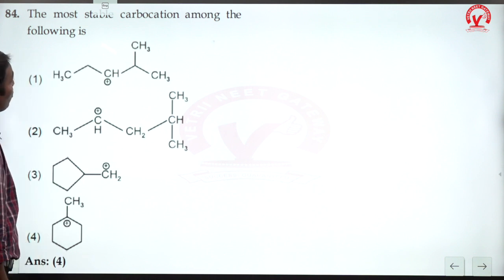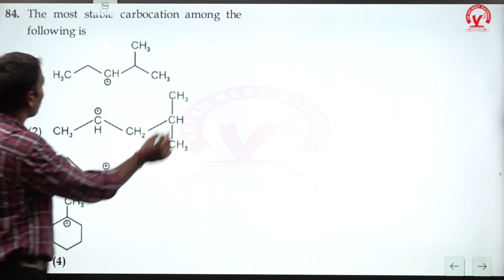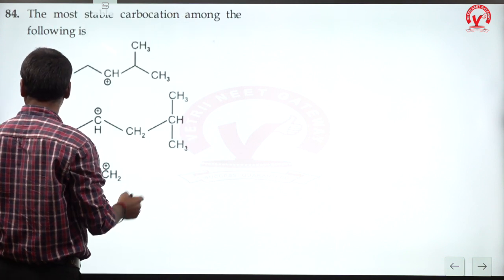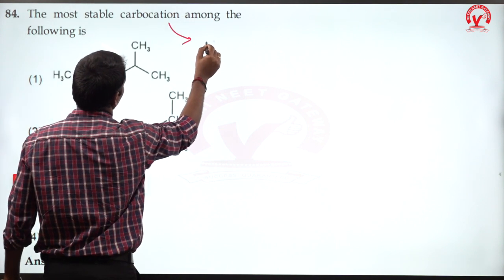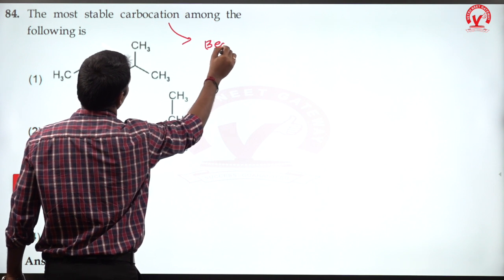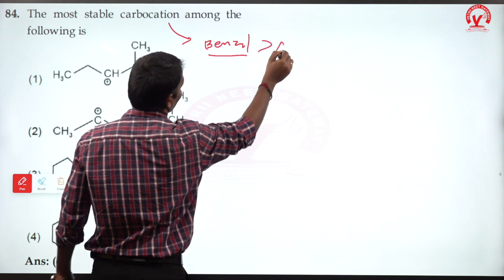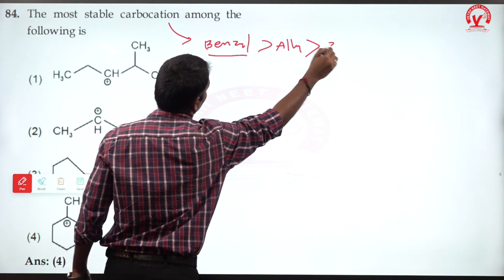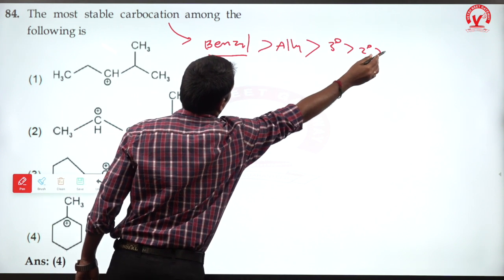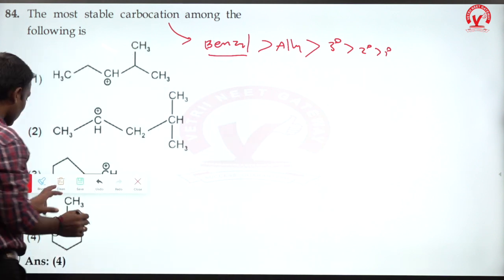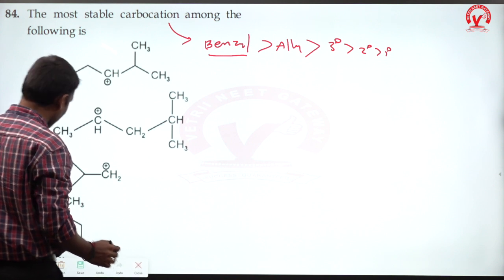The most stable carbocation among the following. So the carbocation stability order we have: benzyl carbocation, that is resonance, right? The next is allyl carbocation, then tertiary carbocation, then secondary carbocation, then primary carbocation, right? So we can observe here which one is more stable.